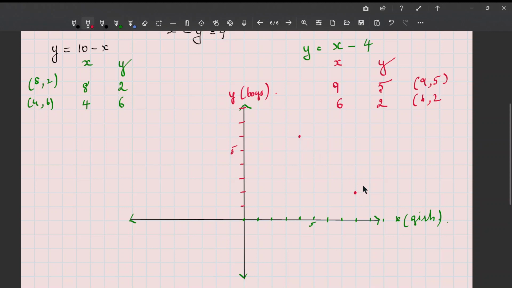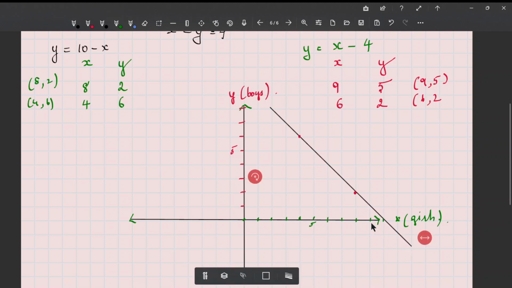Let us join these 2 points and find the line representing the first equation. So this represents the first equation, which is x plus y is equal to 10.